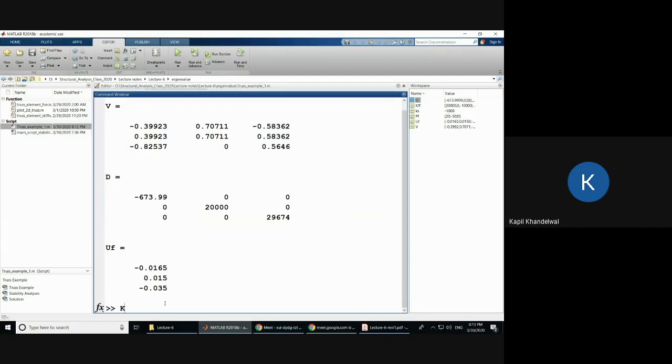So actually, you can think about what happens if you multiply KFF times V. Let me show you here. Let me clean this.